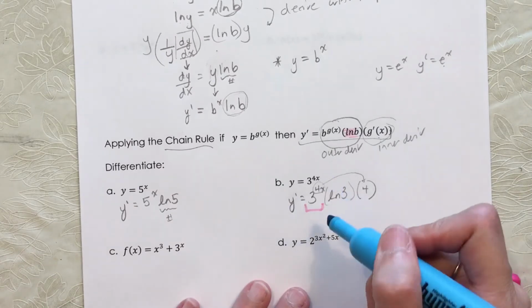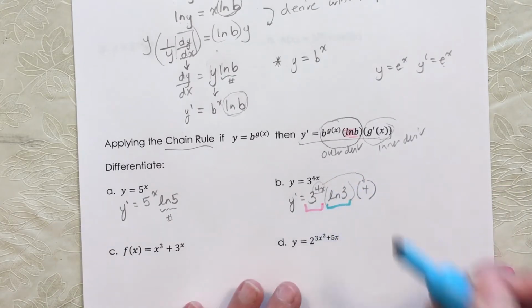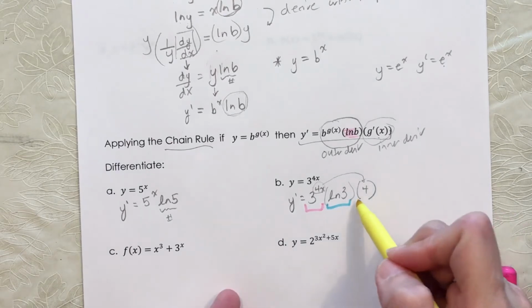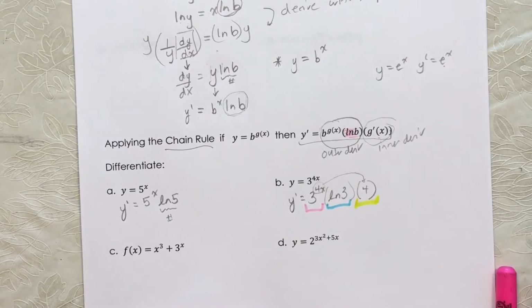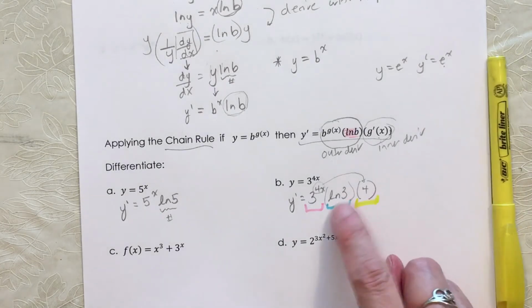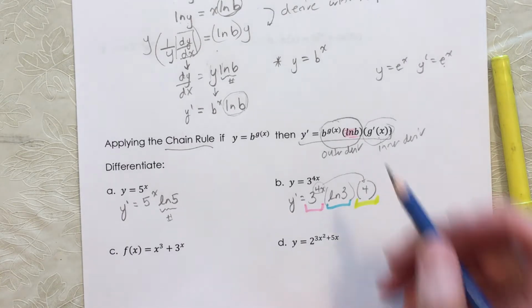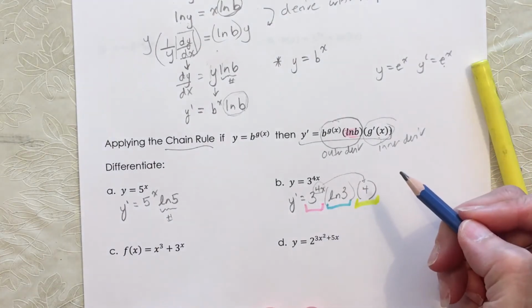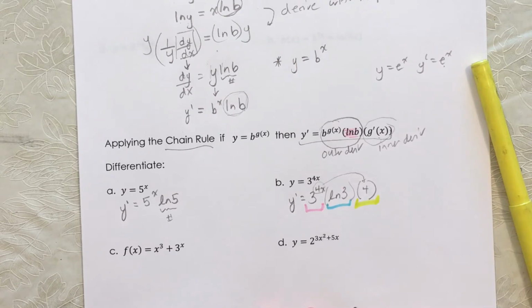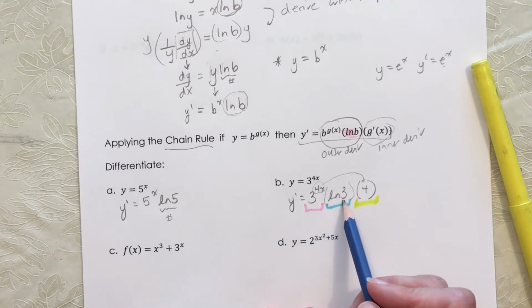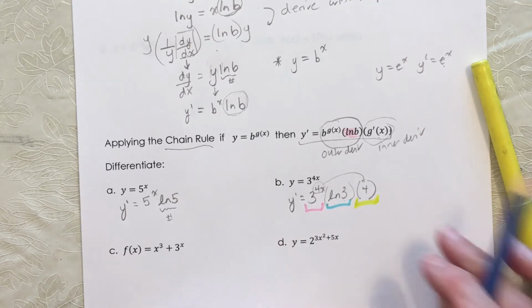Ln 3 is just a number that you could figure out on your calculator. And then 4 is just 4. So three parts multiplying together. Two of them are just plain numbers, but that's not the ln of 12. A lot of people make that mistake. Ln of 3 is separate. So use brackets to show that they're different. Okay, so this is 3 to the 4x times the ln of 3 times 4.